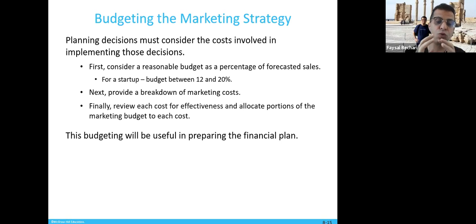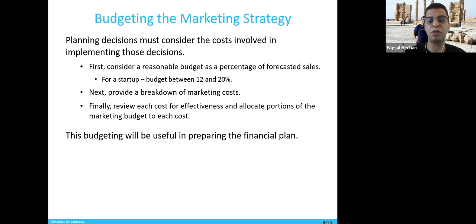And then you need to do a breakup of the marketing cost. How much is going to be given to the marketing person, how much you're going to put on ads, how much on pamphlets, how much you're going to pay Google to do ads. You do a breakdown of marketing costs.